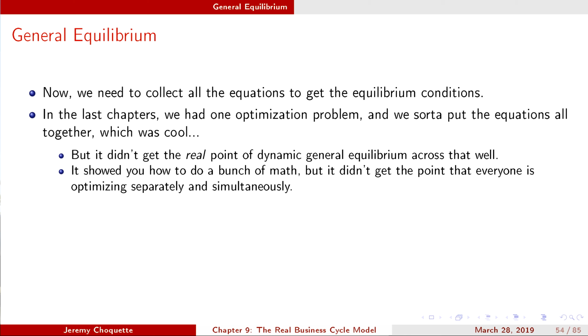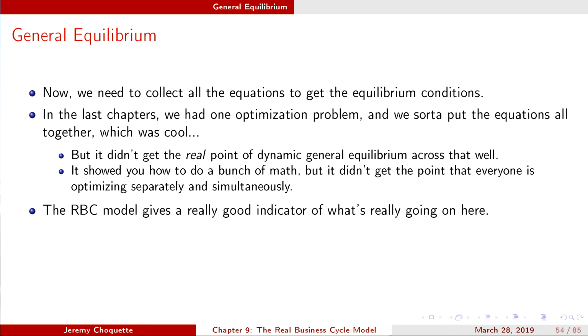There was no way to really show you how this stuff was working. Part of it was I just didn't want to work through all that math, especially early on in the course, and scare you away. But really the RBC model is a good indicator of what's going on here.